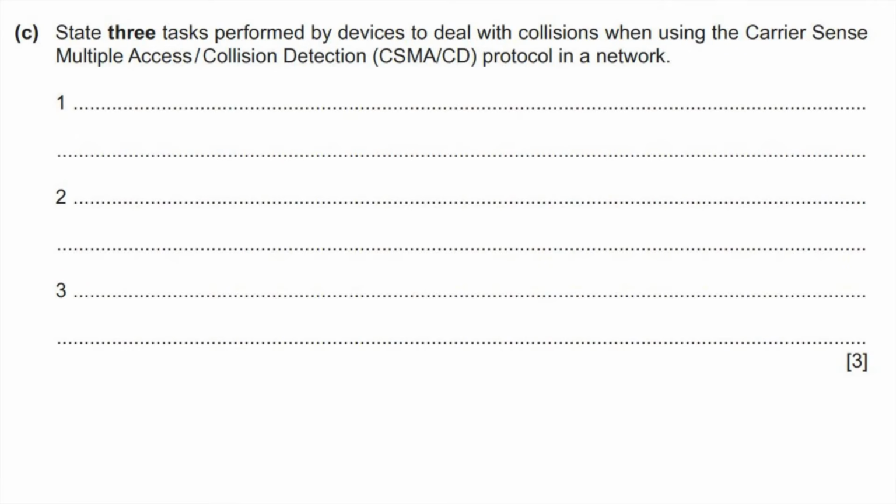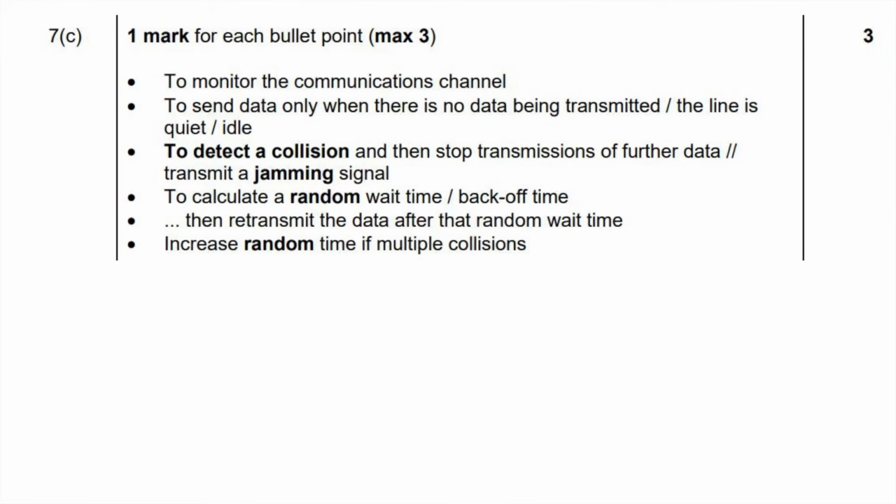Next, state three tasks performed by devices to deal with collisions when using the carrier sense multiple access / collision detection protocol in a network. So monitoring the communications channel is one. Send data only when there is no data being transmitted. If we detect a collision, then we transmit a jamming signal. We wait for a random time if that happens.